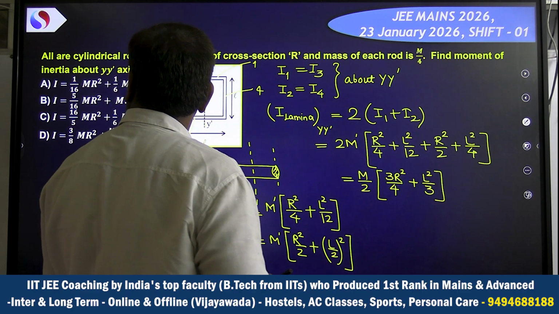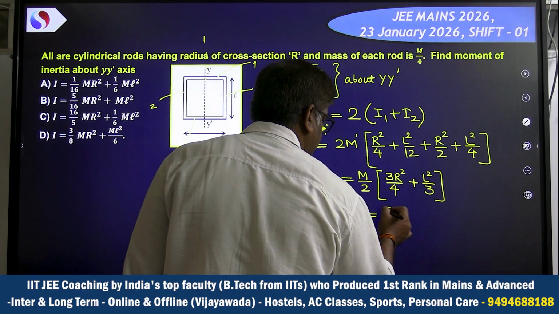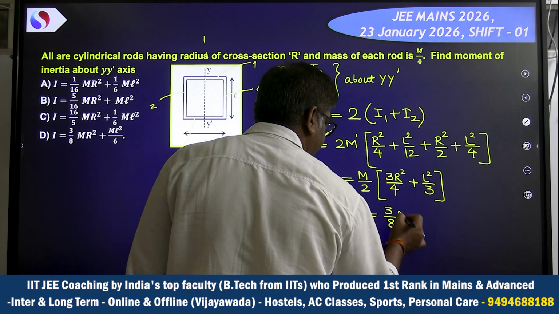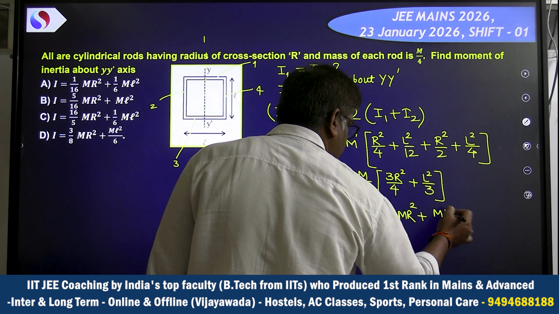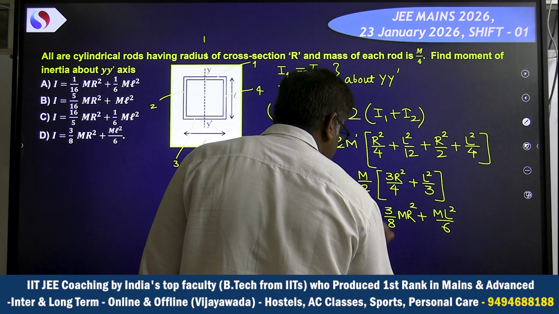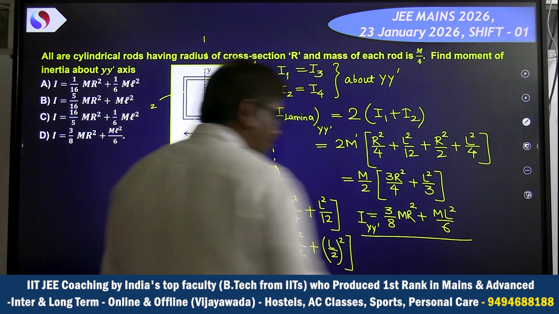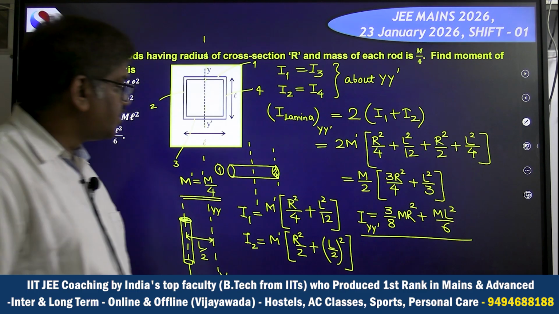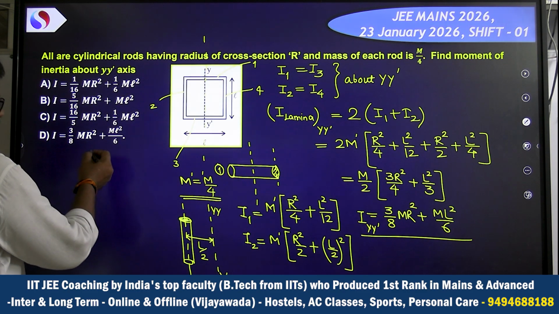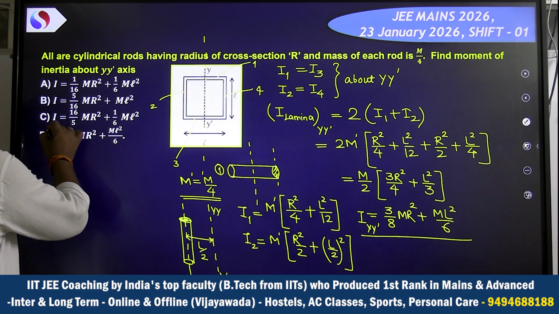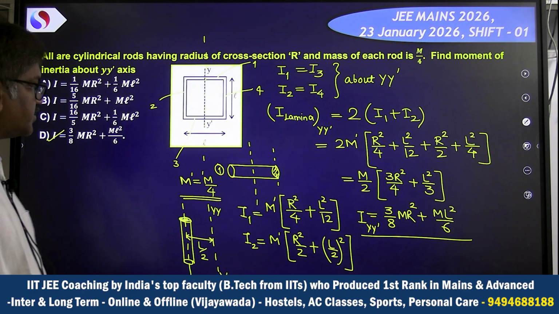Alright, and therefore the first term is 3 by 8 mr square, plus the second term will be ml square divided by 6. That will be your I of this combination of 4 cylindrical rods about y dash. So let's match: 3 by 8 mr square plus ml square by 6. Okay, option D. Option D is the right option for this.